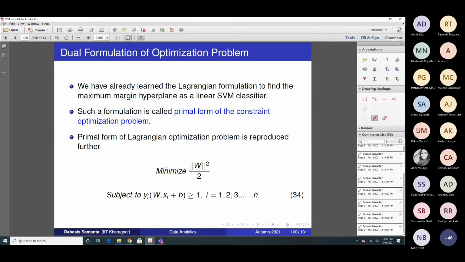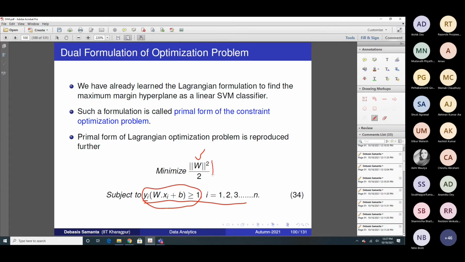Now here again you can recall, so far as the SVM hyperplane margin is concerned, we have to find the weight parameters, the W matrix, and these are the constraints that are given to you, right? If n training data are given, then n constraints will be obtained. For each data there is a class label yi.